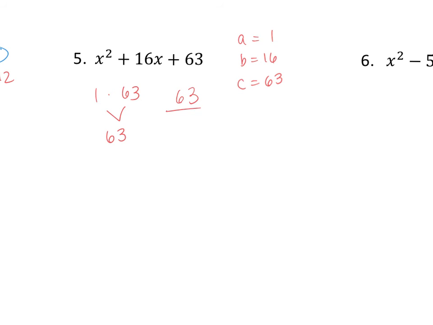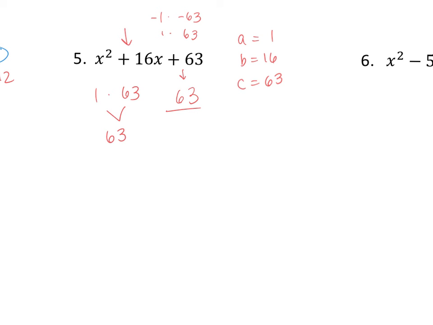But this is where my tip comes in, okay? So because I have a positive 63, we know that technically both negative and positive are factor pairs, because a negative times a negative is a positive. But because we have a positive 16x, we know that the negative factors cannot be our answers, because it'll get you a negative number.